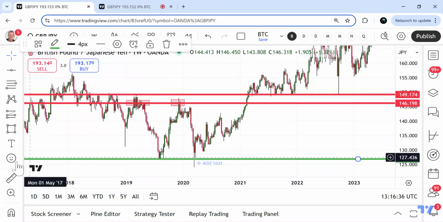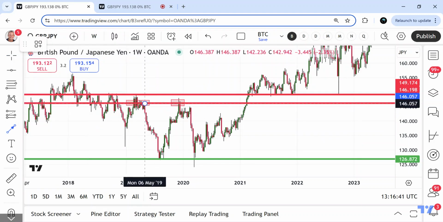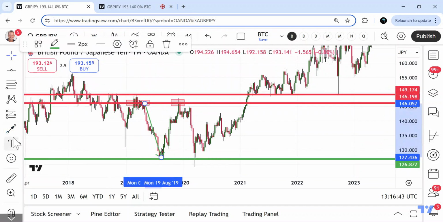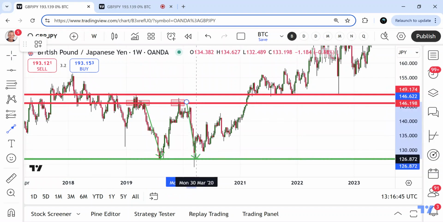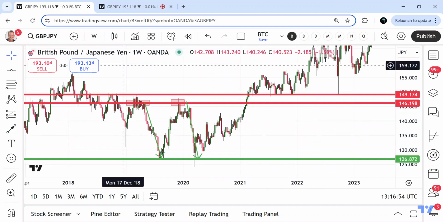And you could have done that multiple times. Example here, you could have shorted to here, and you could have done a nice short to here, right? So you could have done that twice to give you a nice two trades on the weekly schedule.